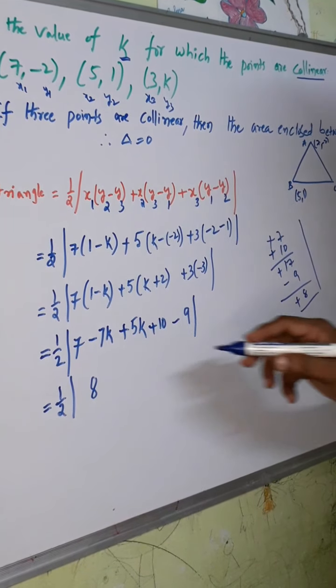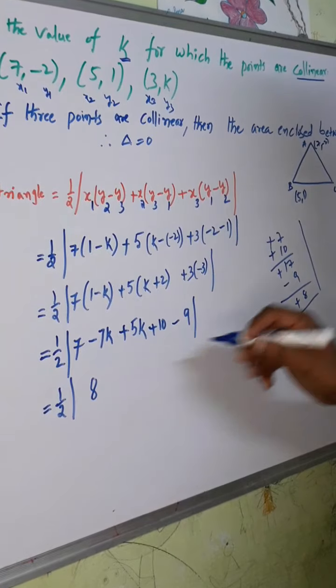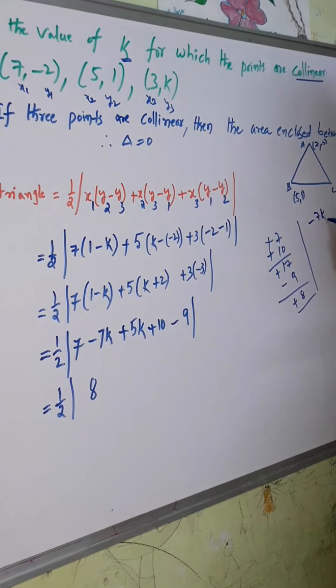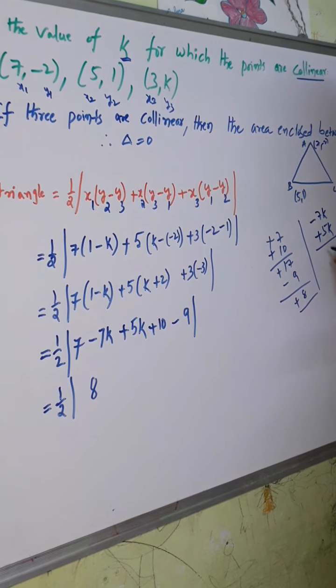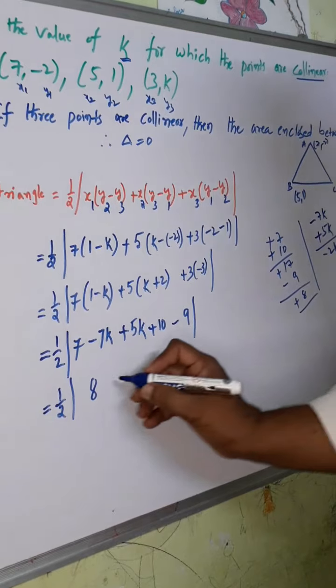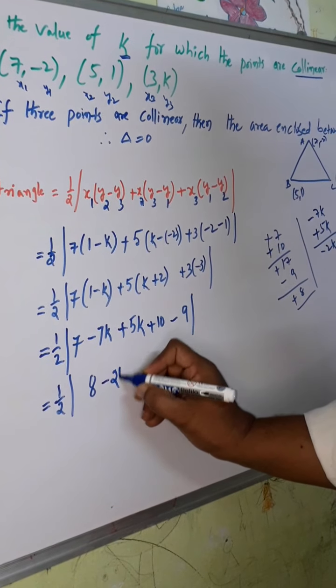Next, minus 7k plus 5k, subtract 7 minus 5, 2, 2k, larger sign minus, so minus 2k.